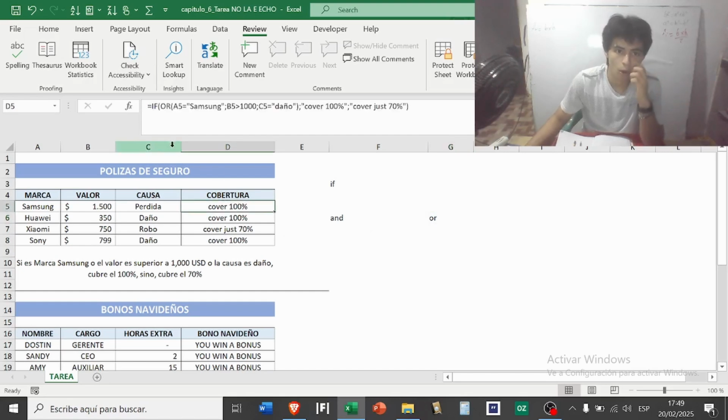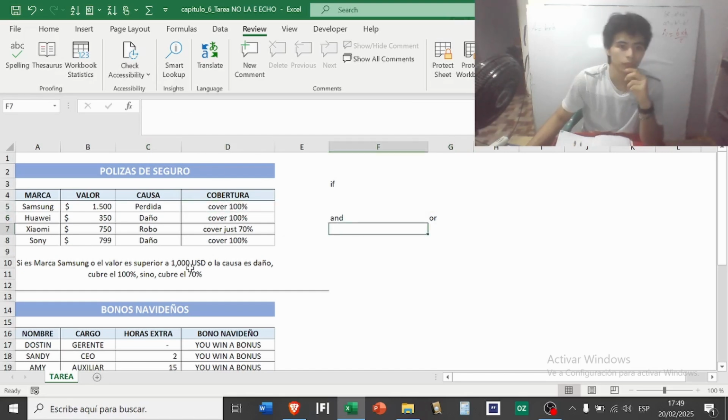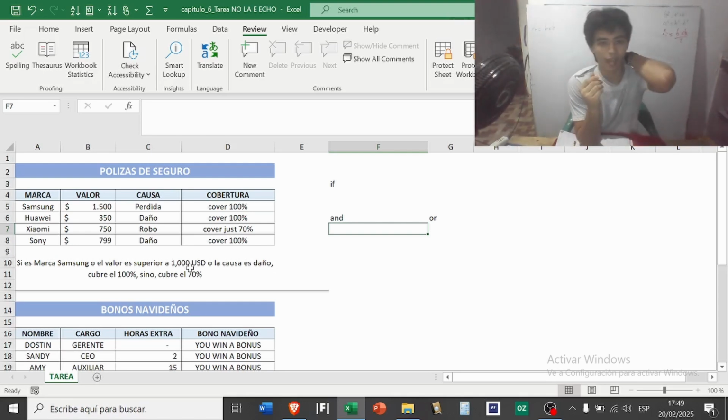So my homework here is: if the brand is Samsung, or the value is superior to, above $100, or the cause of the damage is damage, cover 100%.